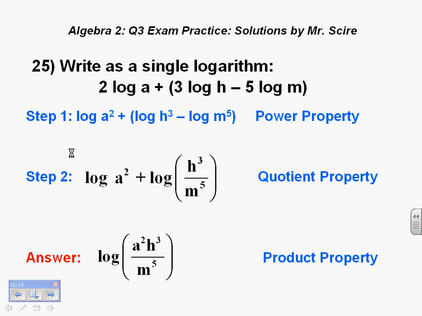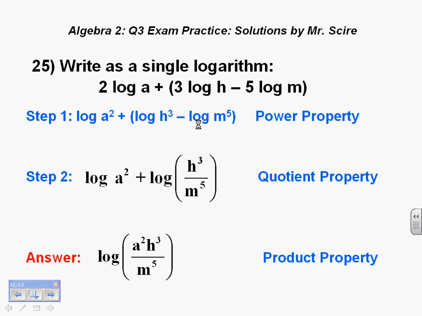25, we're given a log expression and we're asked to write it as a single log. So we're going to use the power property of logs to bring that 2 over as an exponent and the 3 and the 5. So we're going to get log a squared plus log h cubed minus log m to the 5.